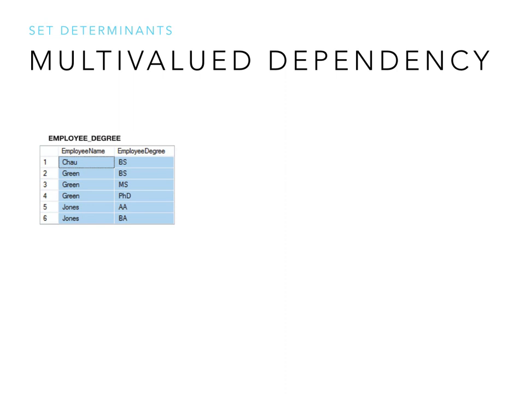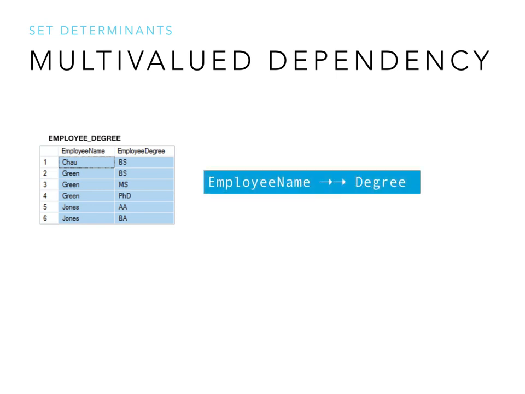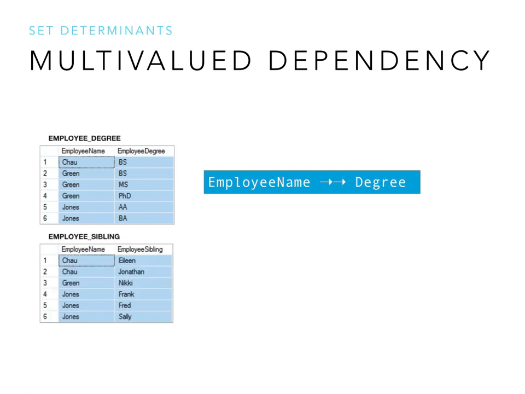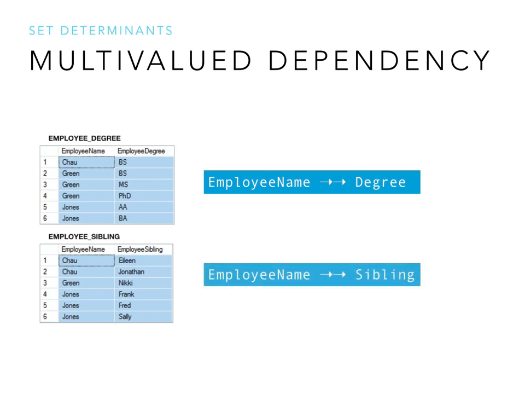A multi-valued dependency is when a determinant is matched with a particular set of values. So there's a set of values that are the only legal values. They denote that with two arrows, employee name multi-determines degree. And another example they have here is if you have siblings, and they would say that the employee name multi-determines sibling.